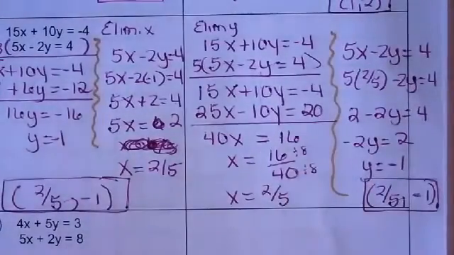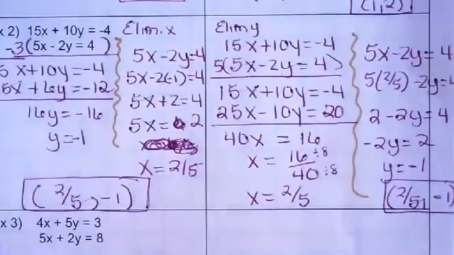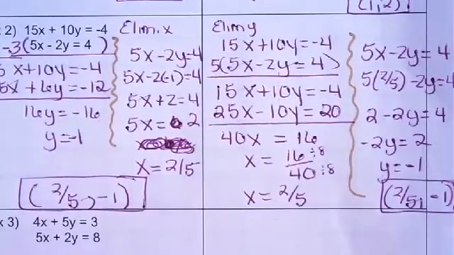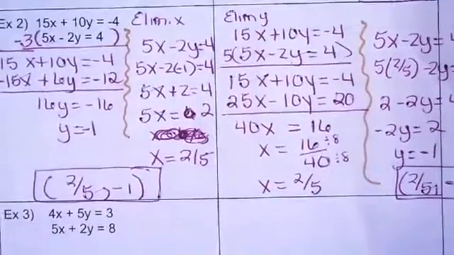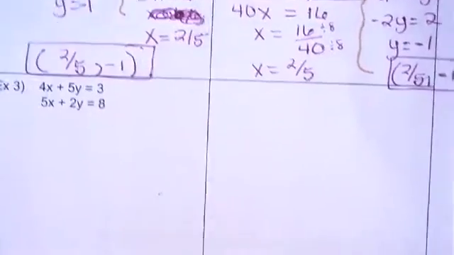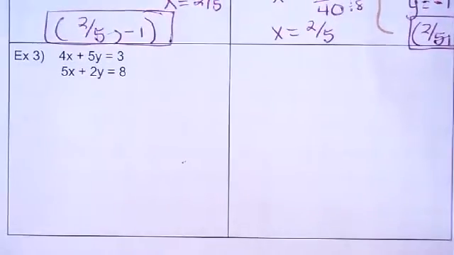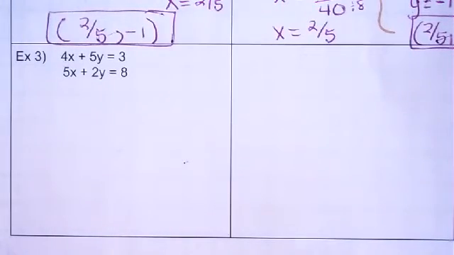Okay. Now, pause your video, copy any of this down that you haven't gotten already, then restart and let's do example 3. Now, example 3 is the granddaddy of all of them, okay?